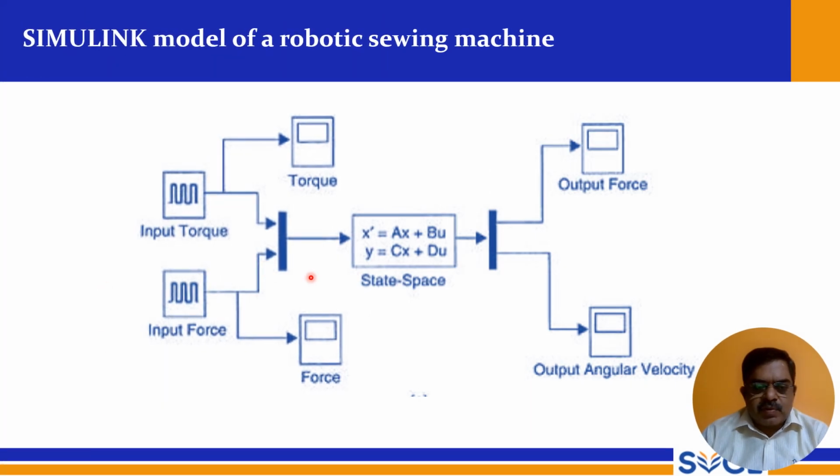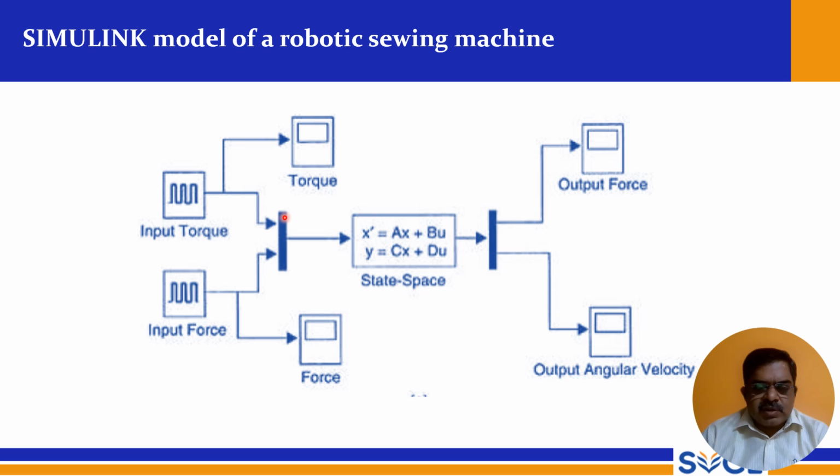So this is one example state space diagram, and you can see the input torque, input force, and that can be displayed using these scopes. So scope, how much you are giving as input torque, that can be displayed here also, and you have force display here, and this is the integrator.